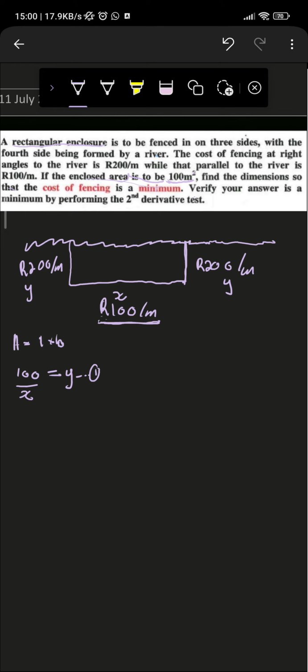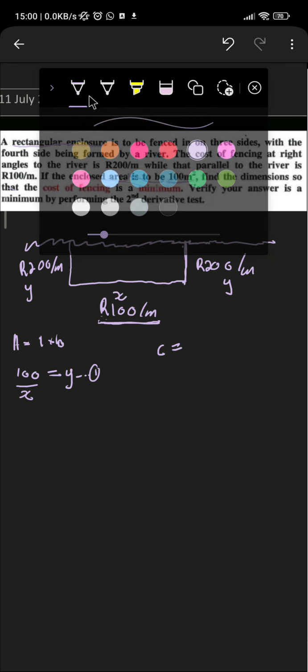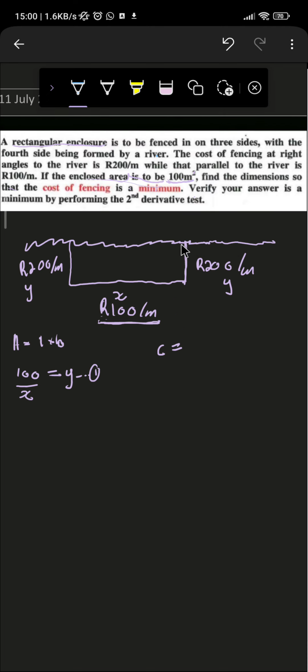Equation number 2 is to talk about the cost. What is the cost? The cost is equal to the first cost, which is from here to there, 200 rand per meter, so 200y. The second cost, which is from there to there, you're going to add 100x.